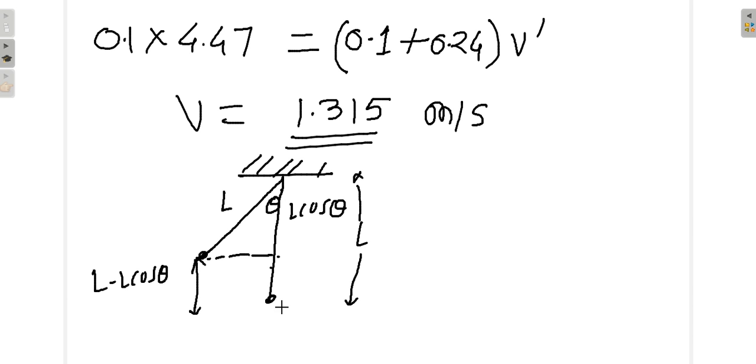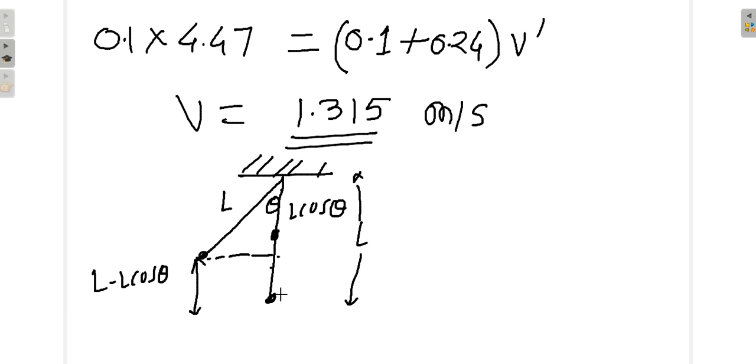So the mass 100 gram rises to this distance. Please note that the center of mass of the rod must be considered at halfway between this and this. So if the 100 gram mass rises through this distance, the 240 gram mass will rise through half the distance. So what is the net work done by the weight?